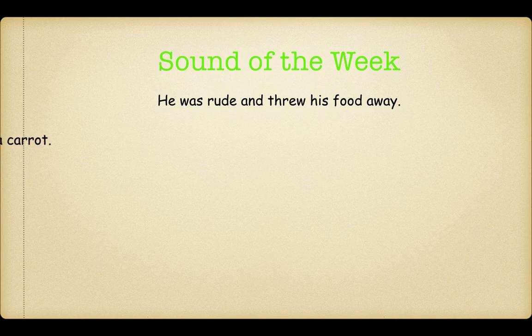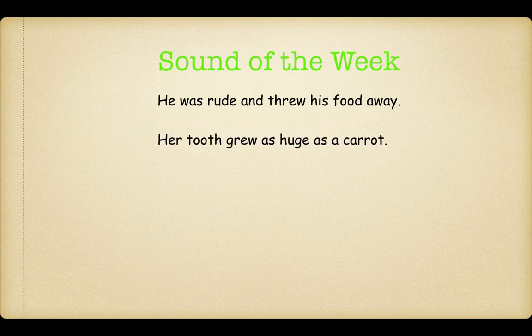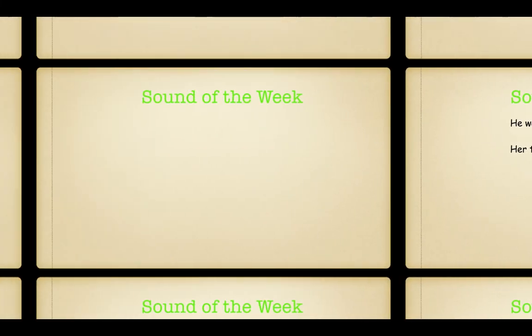And we have a second sentence, her tooth grew as huge as a carrot. Can you see the words for our spelling this week and the words that have the sound of the week in them? Have you been able to spot them? Are you looking? Well, let's now check to see where they are in the words.